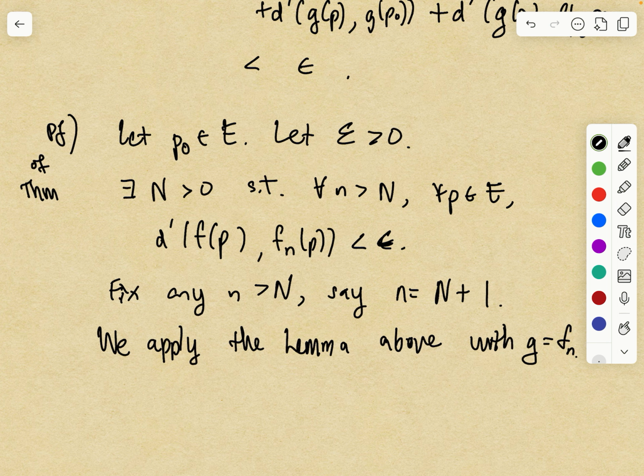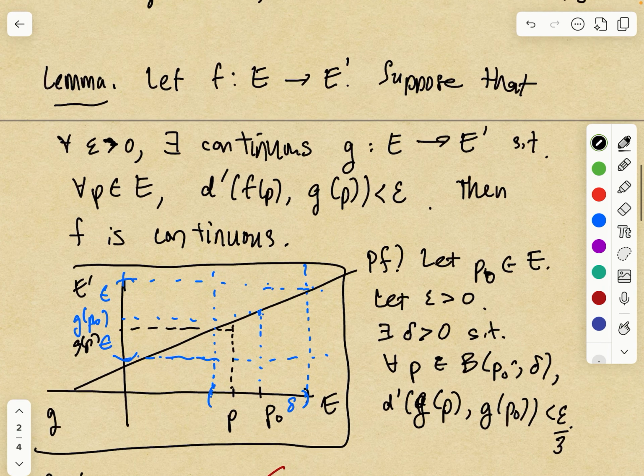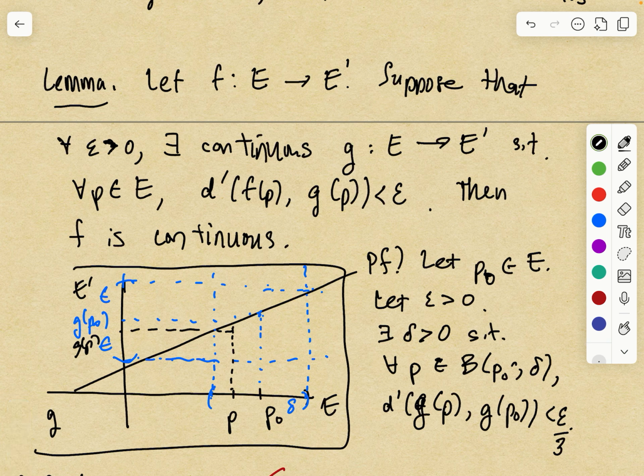Your f sub n satisfies the property of this lemma. f sub n is continuous, and for all p in E, the distance between f sub n of p and f of p is less than epsilon, and then this lemma says that f is continuous, and that's the theorem.